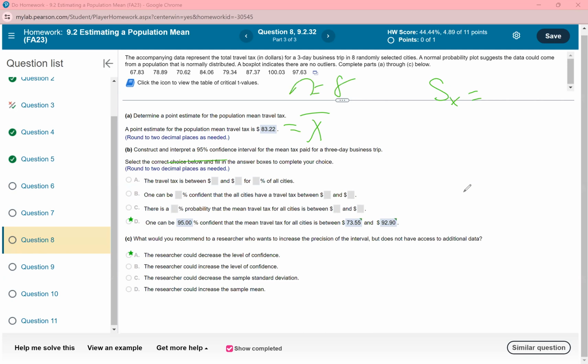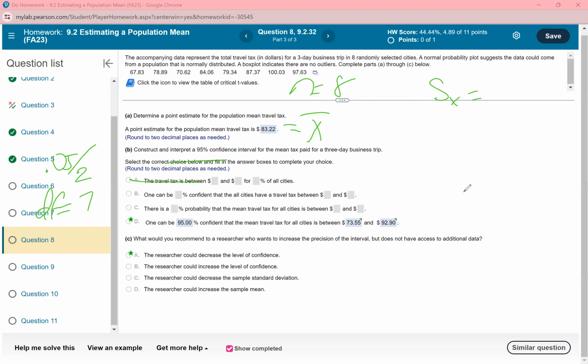To be 95% confident, you would do your inverse T of 0.05, cut in half, with degrees of freedom of 7, since N is 8. And then plug into your formula. Okay, and then it says the tax rate is between, no, we can't say it's definitely between.